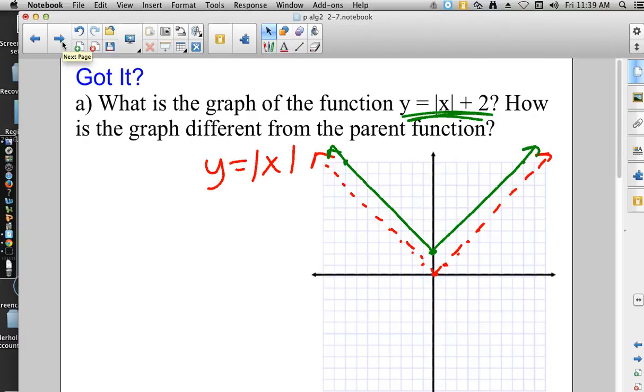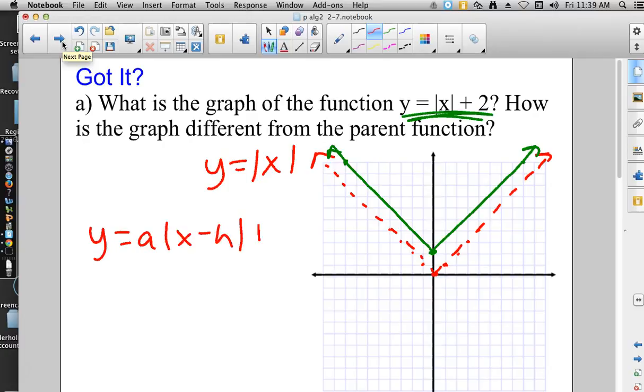See what I told you? We might forget this because it's too easy. Yeah. It does change in a little bit, so we will have a little bit more to think about. But if we just see when it's y equals a, absolute value of x minus h plus k, if there's no change to this, it is this easy.